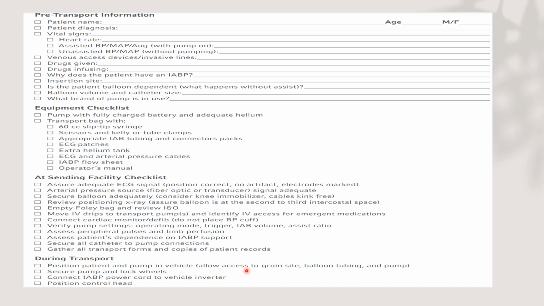We should know that the patient during transportation may have some side effects like a dislodged catheter or bleeding. We shouldn't manipulate or reposition the intra-aortic balloon pump or push it further inside the patient. If there is a console failure, we use a 60 cc syringe to manually inflate the balloon.